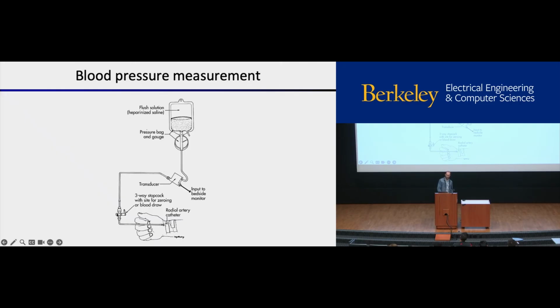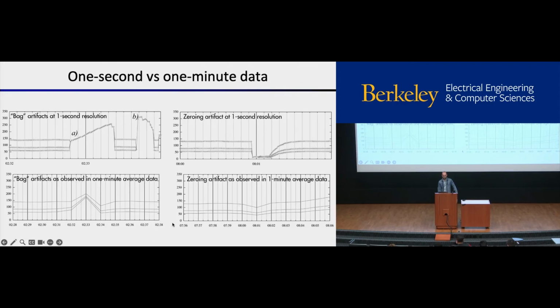But if this stopcock gets opened, which happens if blood is drawn to check for something else, then there's a little blip where it's not actually measuring blood pressure. If something goes on with the bag, then it's actually measuring the pressure of the liquid in the bag. So here are some pictures of bag artifacts at a 1-second resolution. There's something called zeroing. I forget what that's about, but that can also lead to artifacts in the measurement.